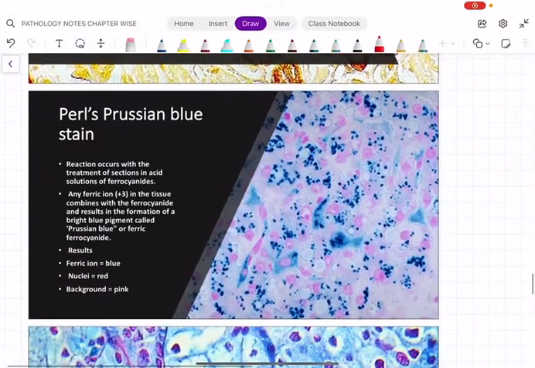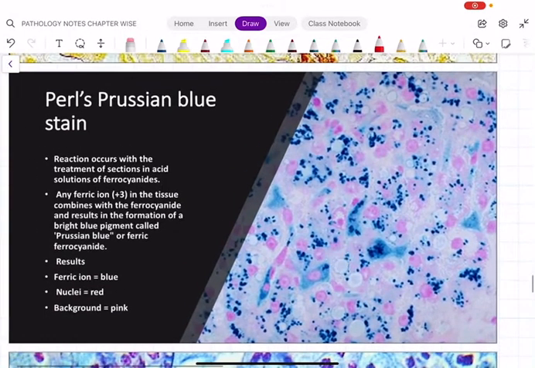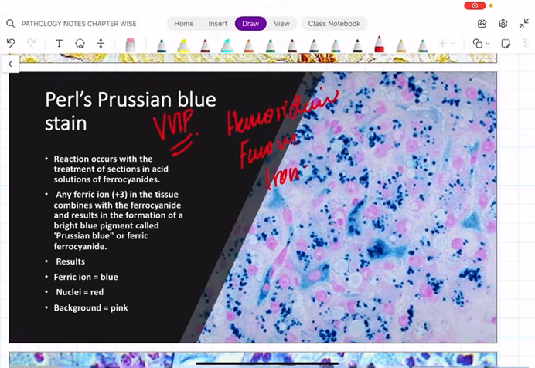Then we have a very important stain called Perls' Prussian blue stain. It's a VVIP, a very, very important stain. This is the stain for hemosiderin or iron compounds. I told you rhodanine is for copper. For iron and hemosiderin, we have Perls' Prussian blue stain, which stains the ferric compounds blue.